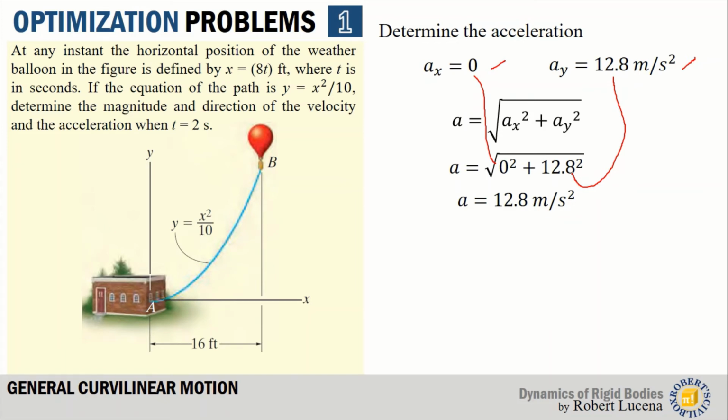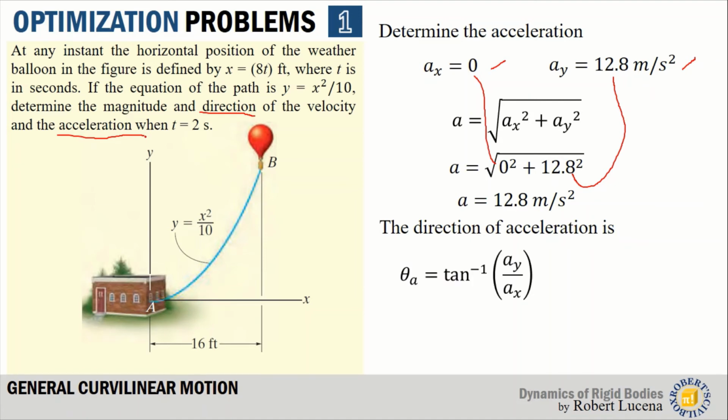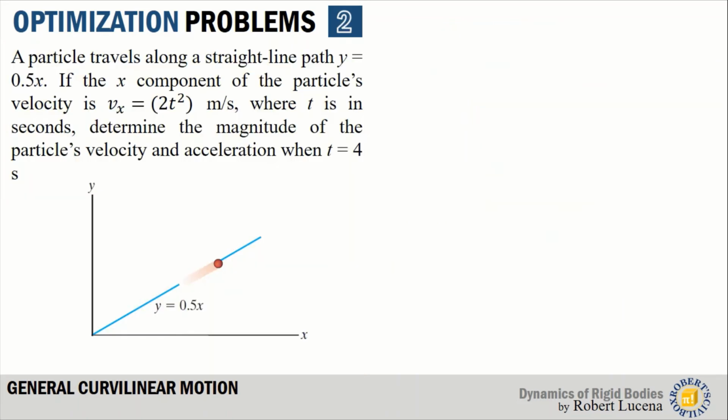Not only that is needed, because it is also asked the direction of the acceleration. So to get the direction of acceleration, we simply use the arctan function. The angle measured from the positive x-axis is equal to arctan of ay over ax, and substituting the values, we have 12.8 over 0, and theta a is now 90 degrees.